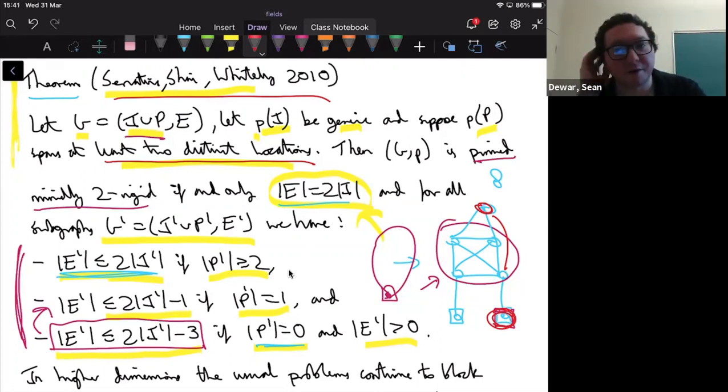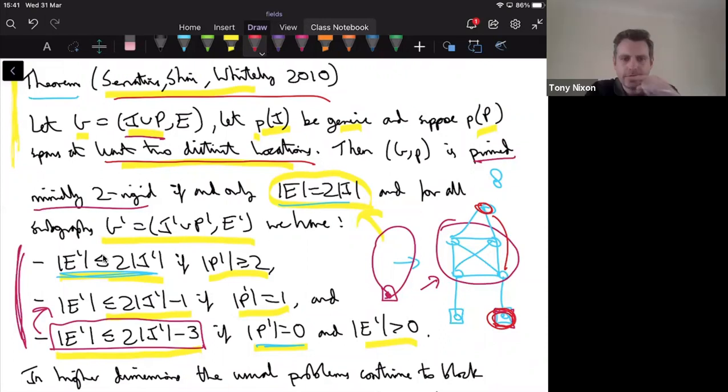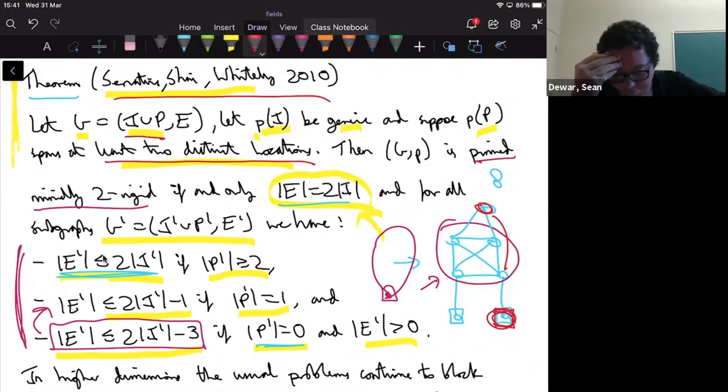They might define generic funny, because the most logical thing, what Will said, would be to say that p_i is generic with respect to the pinned vertices, the field generated by the rationals and the coordinates of the pinned vertices. But they do say for all placements of the pinned vertices with at least 2 distinct locations and all generic positions of the inner vertices. So I think I have quoted it correctly. Maybe it's the definition of generic.